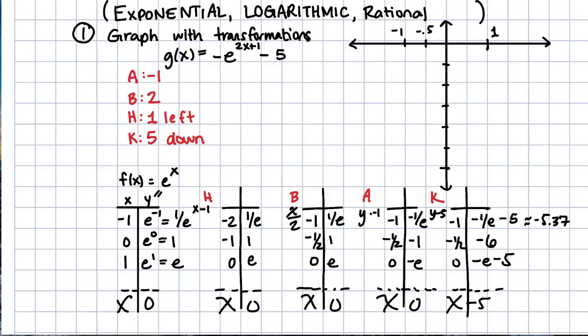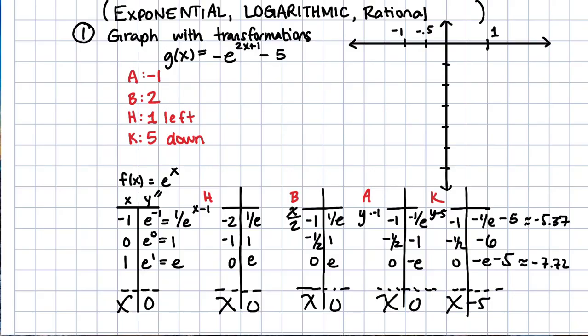Okay, and then negative e minus 5. It's going to be negative 7.72. 1, 2, 3, 4, 5, 6, 7.